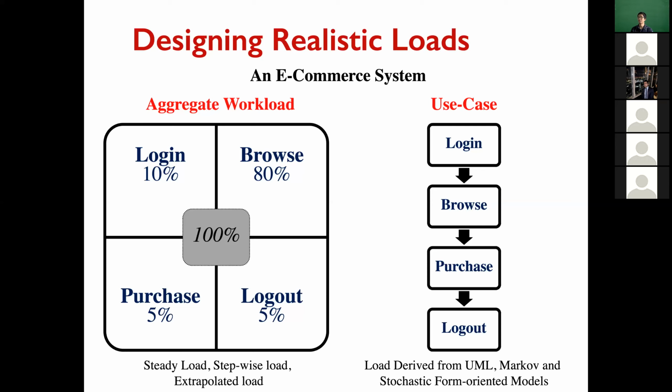For example, people first log in, then browse the items, then purchase items, then log out. When we design our test case, we mimic such a flow, such a sequence. These are the two ways to conduct the design of realistic workloads.